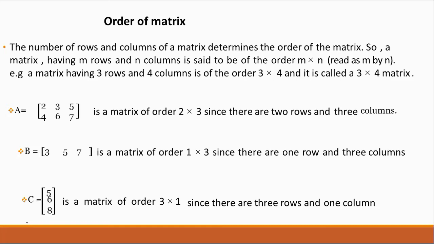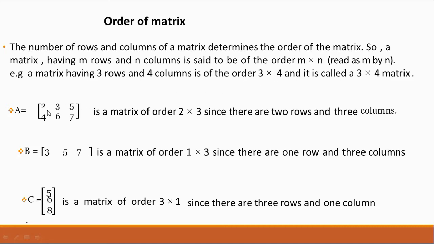But for the order of a matrix, we cannot multiply the number of rows and columns to get the order. Simply we write m by n. The m by n expression shows that there are m rows and n columns. For example, a matrix having 3 rows and 4 columns is of the order 3 by 4. It is called a 3 by 4 matrix.